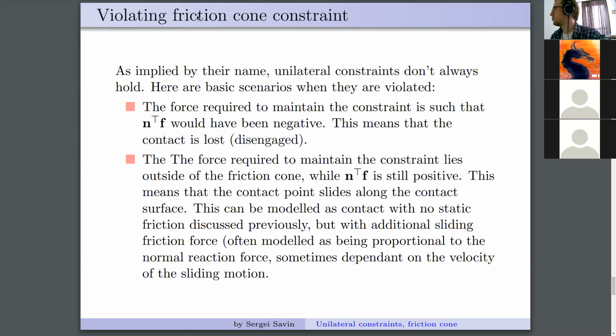If the force required to maintain contact is outside of the friction cone, but this quantity n transpose F is still positive, this means that you are no longer in static friction, and instead the contact point is going to slide.